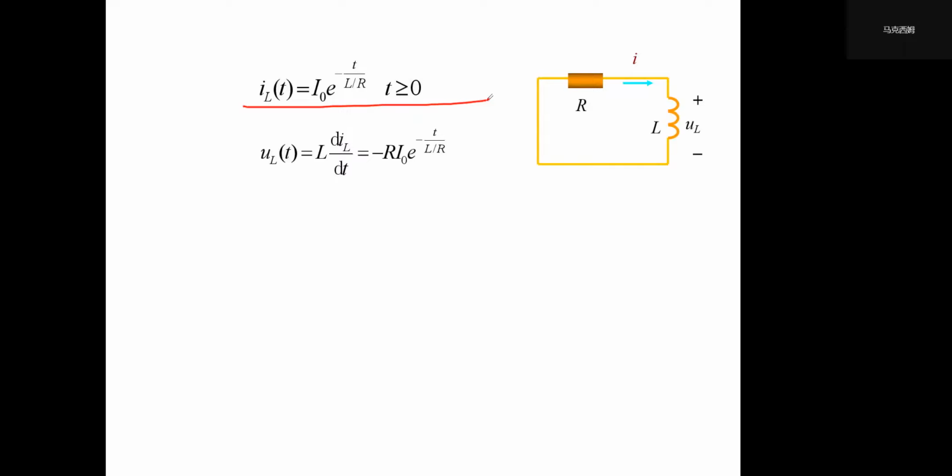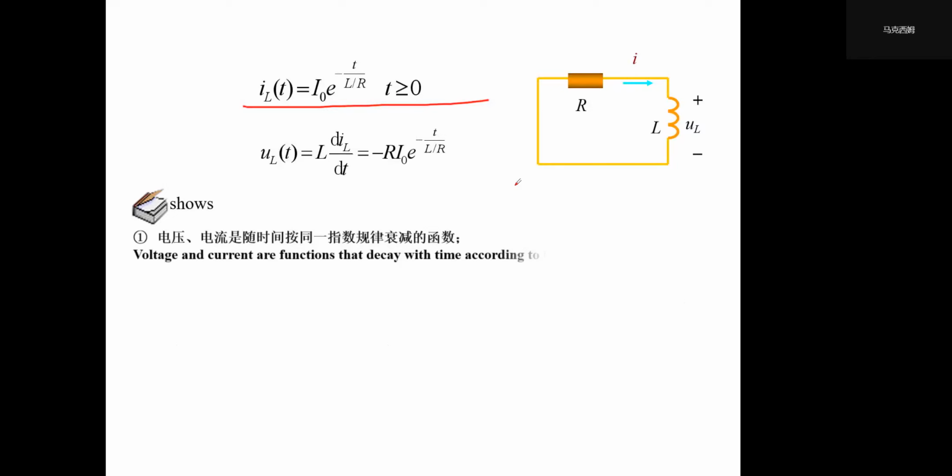We can calculate the corresponding voltage. So we see they are the same. They are decaying with the same exponential rate. So their time constant is still the same. So we know that the voltage and current are functions of time decaying according to the same exponential law.